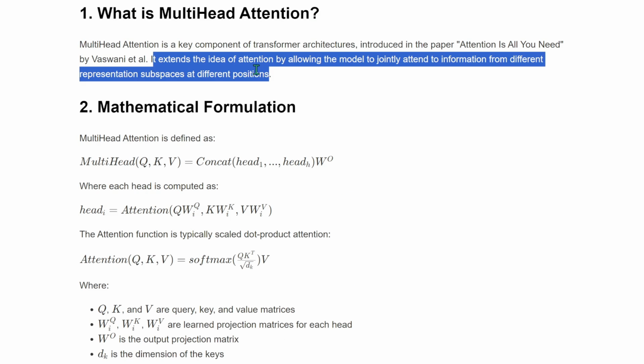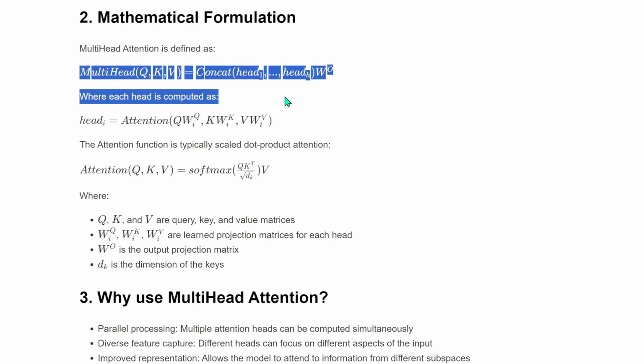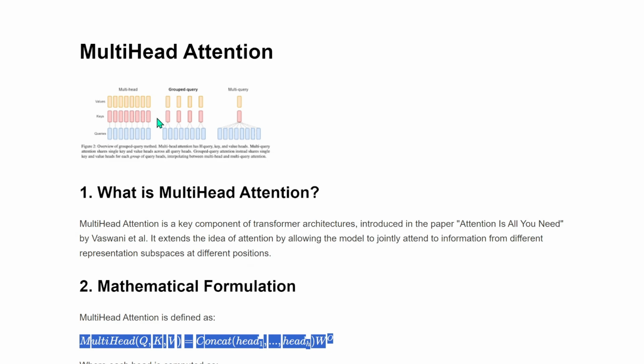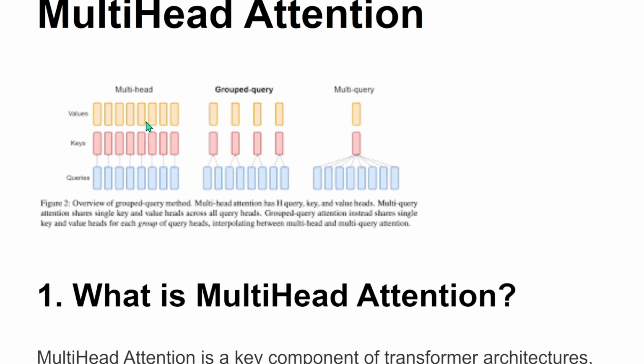So what happens in multi-head attention? Here I'm not going to speak about scaled dot product, that remains the same everywhere. So here we'll start with multi-head, which is concatenation. This image will provide a lot of context actually. In multi-head attention, each query has its own key and value, query key transpose into value.